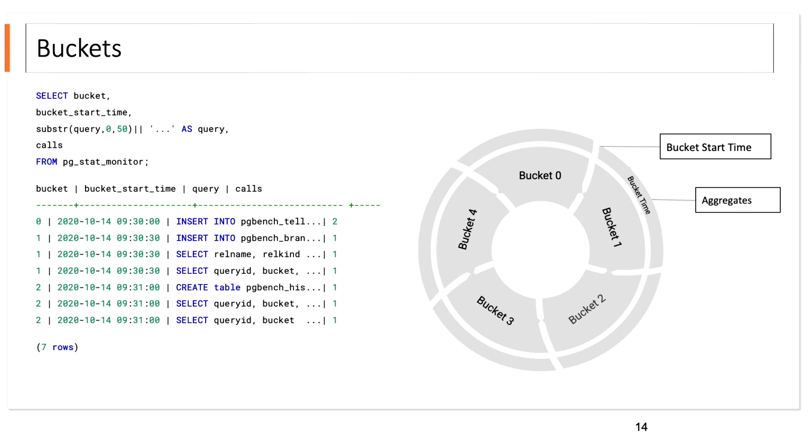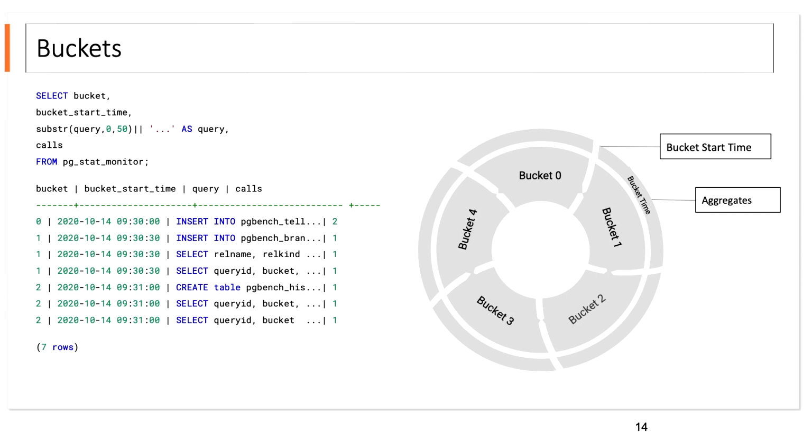And it's a round robin, like bucket 0, 1, 2, 3, 4, and when bucket 4 is complete, it will override bucket number 0. So here you can see bucket number 0 has this statement. This statement has been called 2 times. Bucket 1 says it's 1. In PGStat statement, if you see that command, it will show you the insert into command as 3. The value is 3.